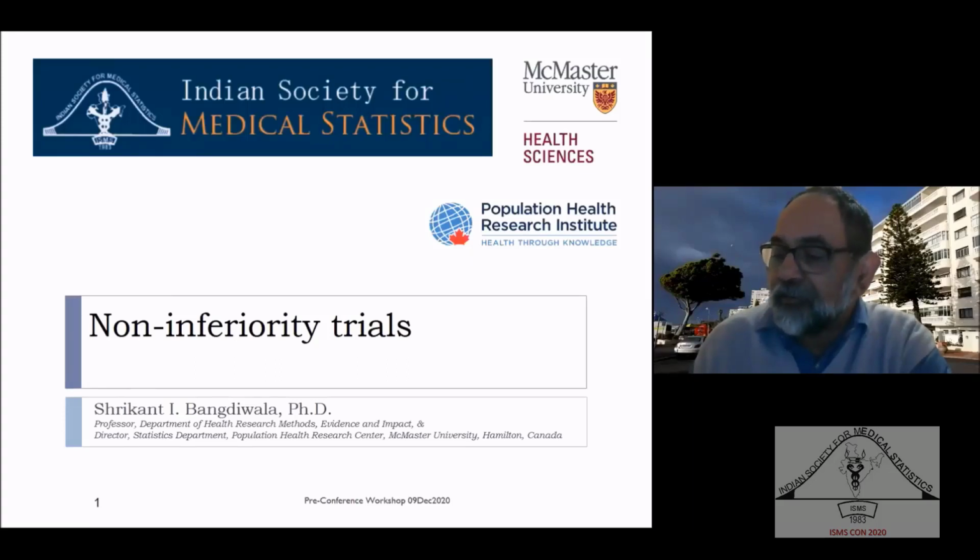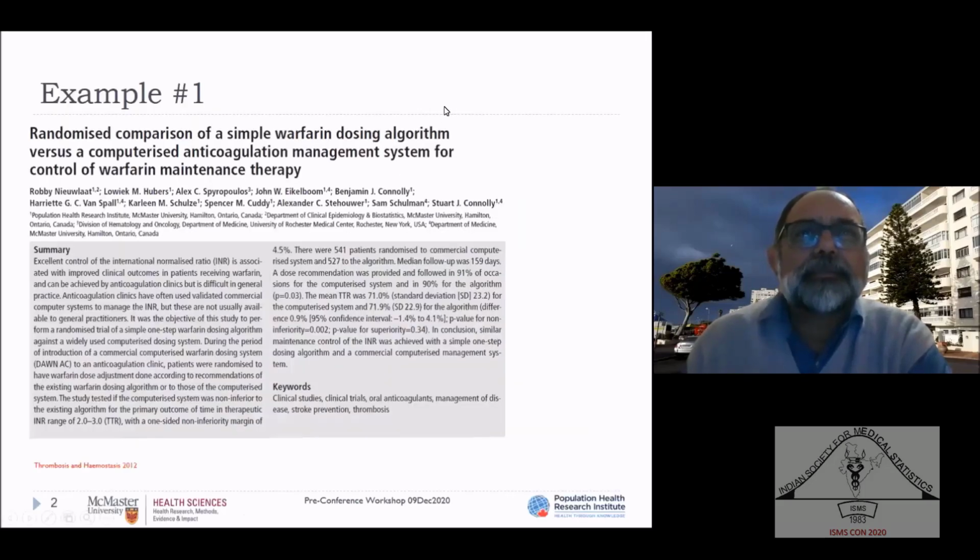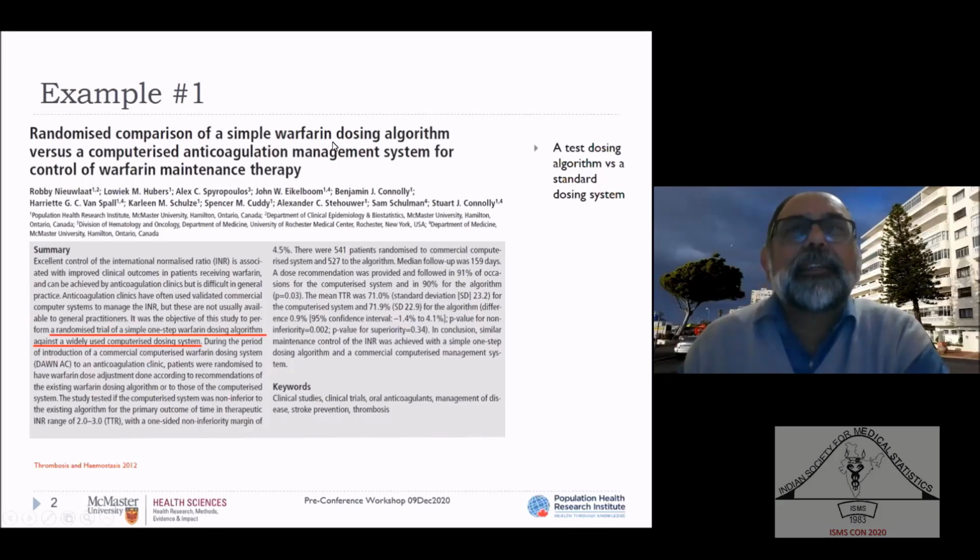So I'd like to start off first by talking about a few examples. Here's an example where they were comparing a drug called warfarin under different types of dosing algorithms or dosing systems.